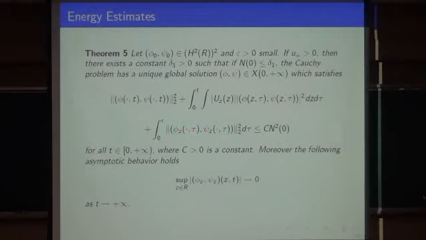uniformly continuous function in t. So you can prove this is uniformly continuous in t. So this indeed goes to 0, because the integral from 0 to infinity is finite, and the integrand goes to 0 if it is uniformly continuous.